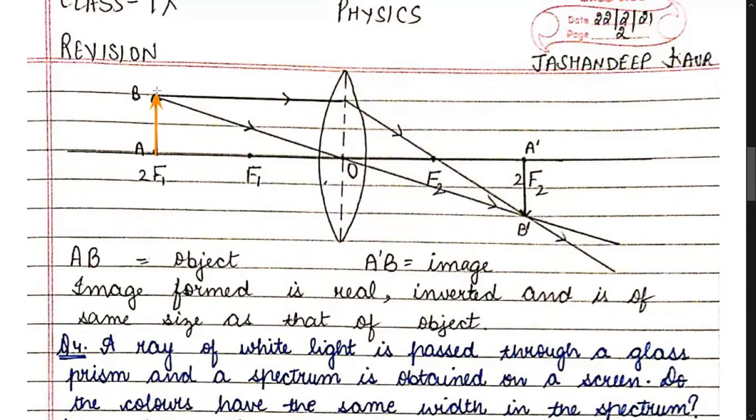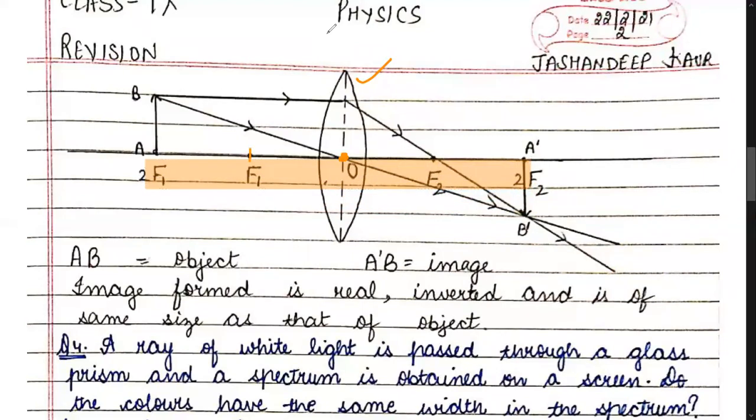So the first step is how to draw a convex lens. First of all, you draw a convex lens, take an optical center, and then you take a scale, and in your scale, mark all the points equidistant from each other.